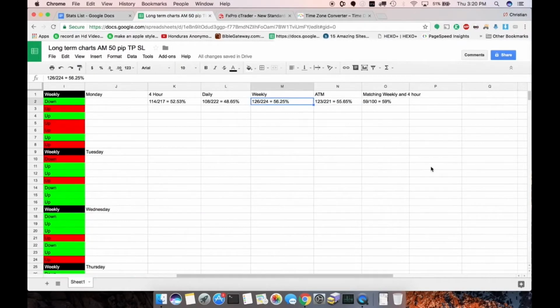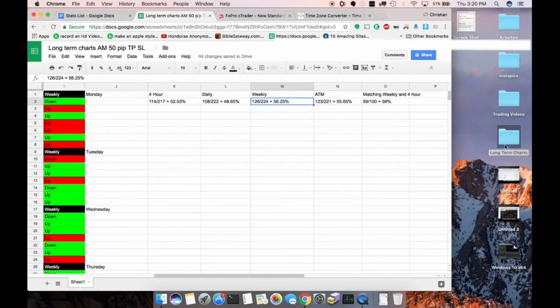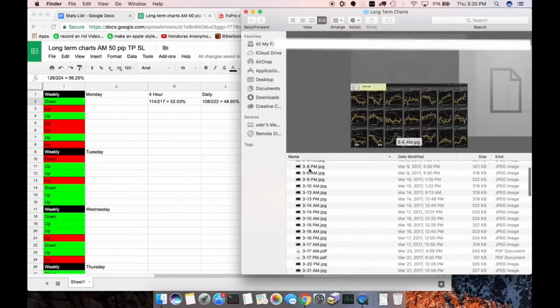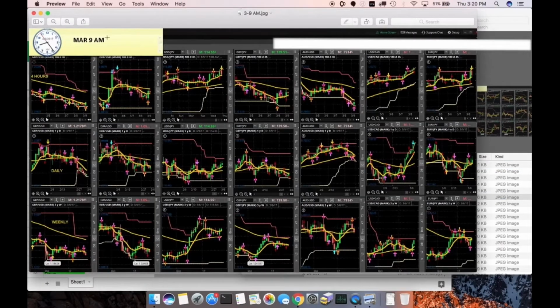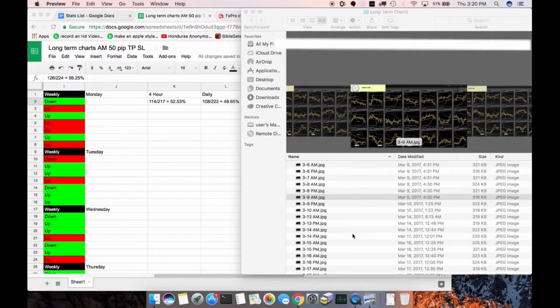And the idea here is that with the weekly, most of the time the pair is going to be in the direction of the weekly trade.